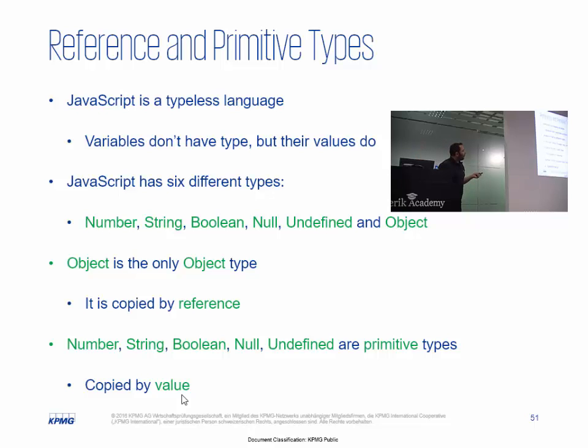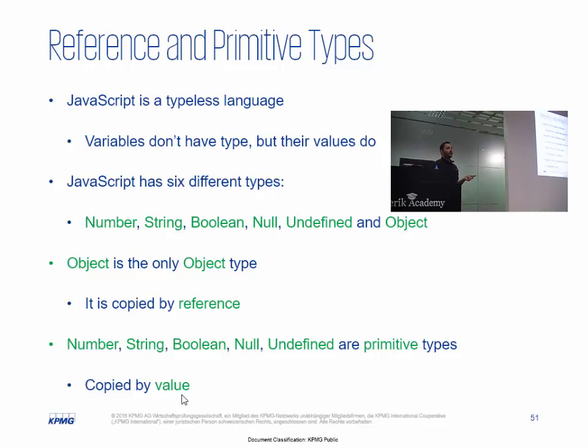When we are doing copy by reference, what we're actually copying is a memory allocation address, and we're transferring this address. In that way, when we have a variable which is an object, and we go into this object and make changes, we're actually pointing to the same location in memory and making changes to the object itself.